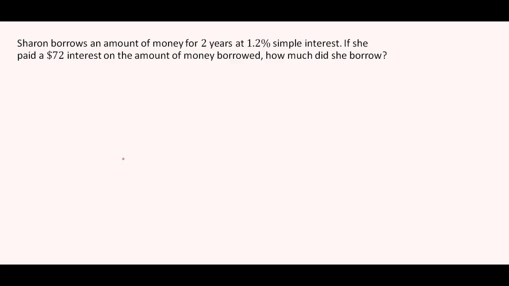Final example. Sharon borrows an amount of money for 2 years at 1.2% simple interest. If she paid $72 interest on the amount of money borrowed, how much money did she borrow? So let's look for principal. We don't know what that is. Rate is 1.2%. Time is 2 years. And our interest is $72.